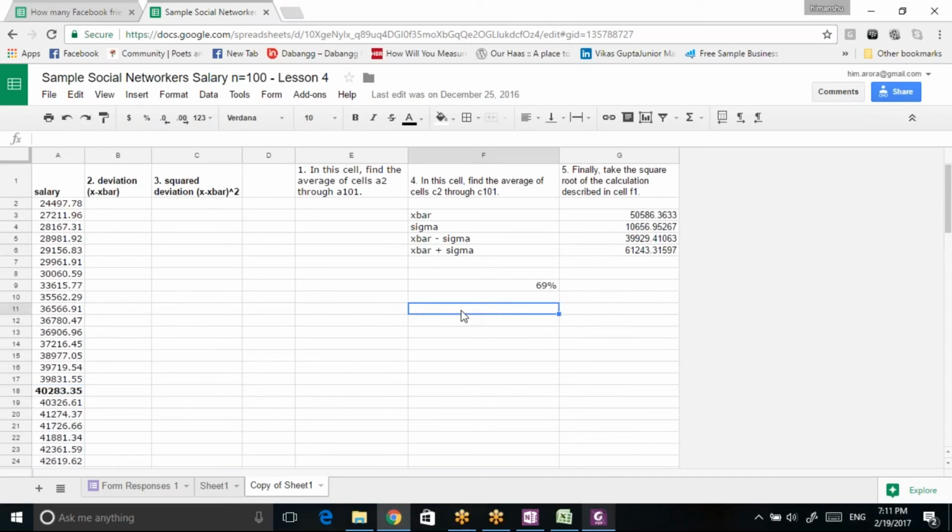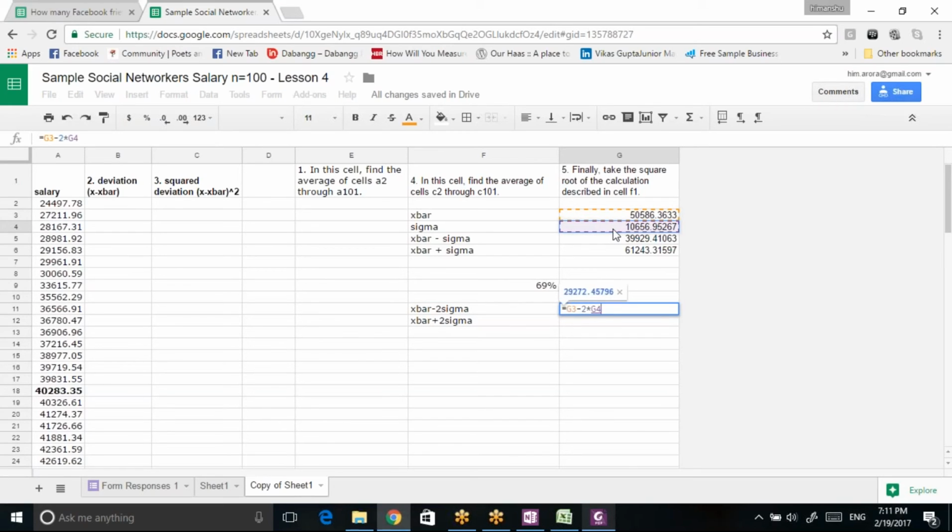Now let's do it for 2 sigma also: X bar minus 2 sigma and X bar plus 2 sigma. X bar minus 2 into sigma will give me this value, and X bar plus 2 into sigma will give me this value.